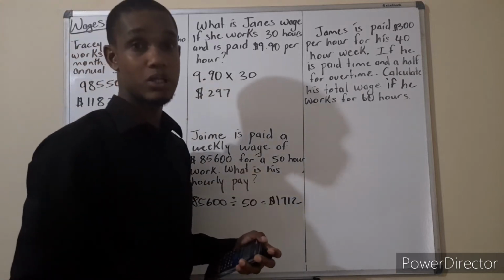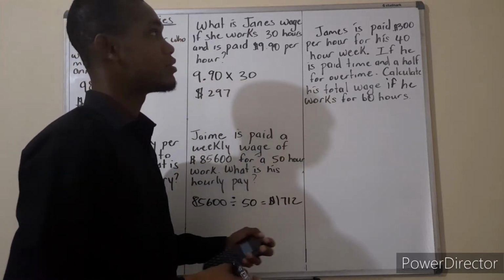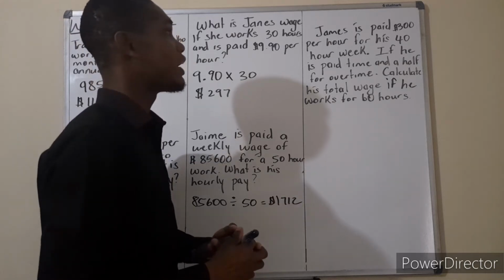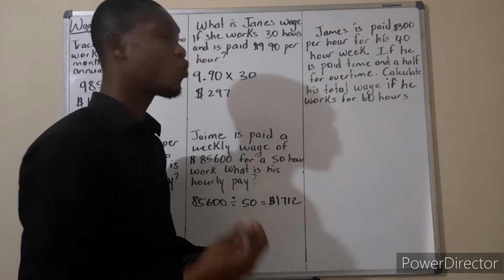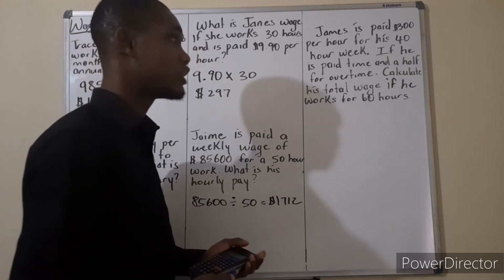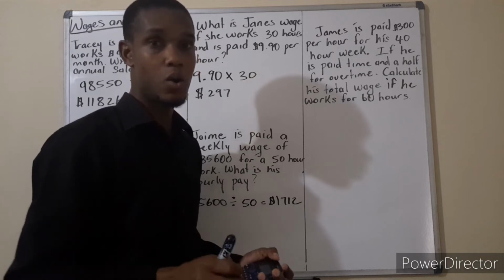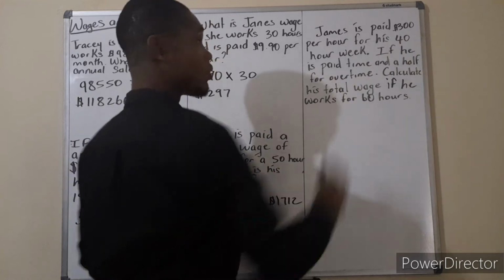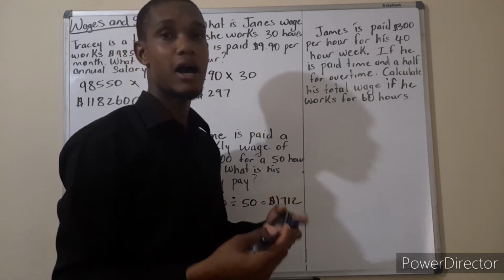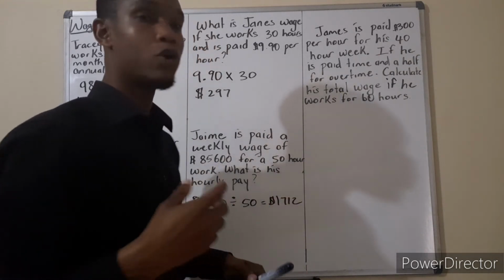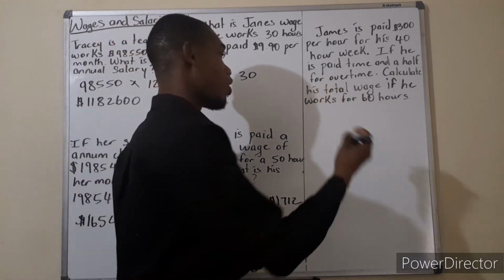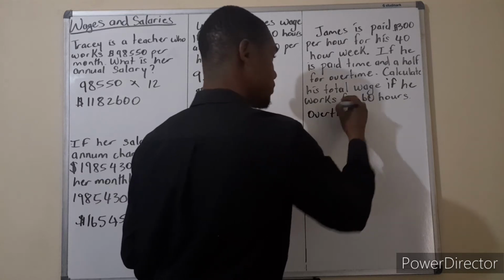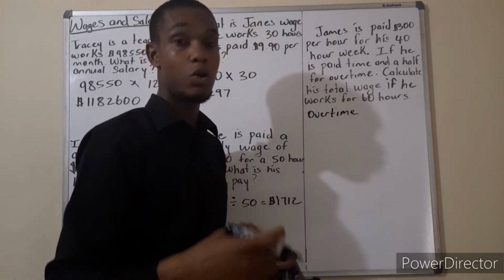And the final question now. It says James is paid $300 per hour for his 40-hour week. If he is paid time and a half for overtime, calculate his total wage if he works for 60 hours. Now, the fact that it makes mention of overtime, he's supposed to work 40 hours, but he works 60. It means that he will actually be getting overtime pay. Now, the overtime pay means how many hours worked extra multiplied by the overtime rate.